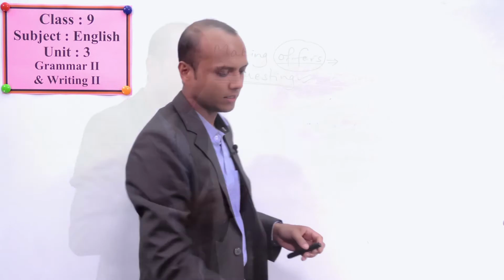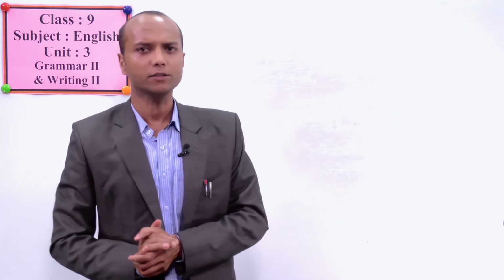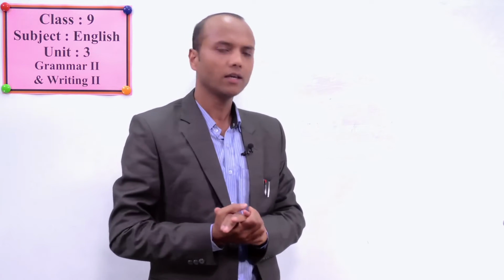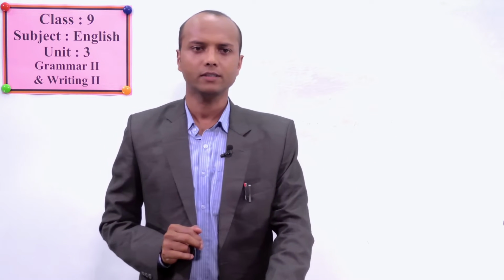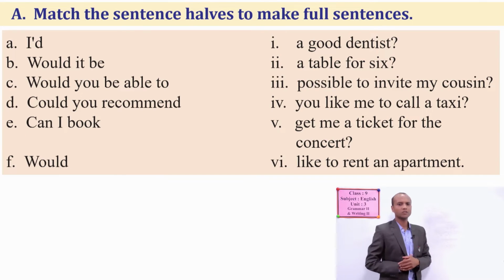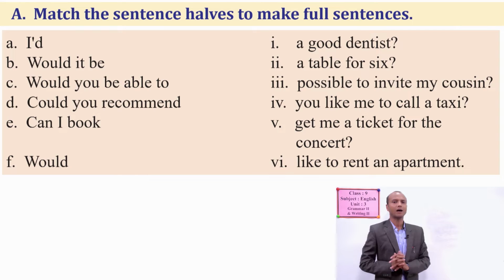Good. Okay, dear students, let's move on to the activity. Up to now, we haven't entered into the activities that are there in your textbook. Let's see the first activity. It says, match the sentence halves to make full sentences.